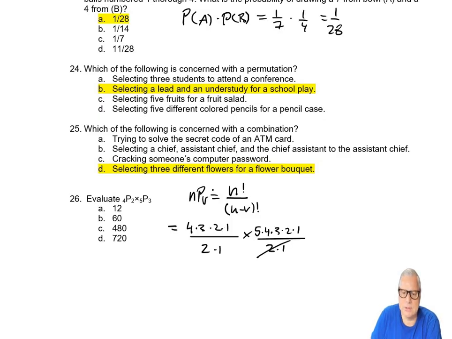Okay, so now this cancels out, and now we get 12 times 60, sorry, not 5 times, 12 times 60. Okay, and that's 720.